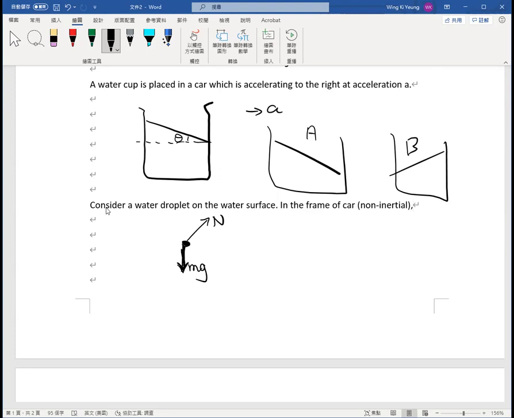So there is also a normal force acting on the water droplet by the water surface, because you can consider the water droplet is placed on the surface. And then because the car is a non-inertial frame, you should also add an inertial force acting on all objects. It is negative ma. The negative means it's opposite to the direction of the acceleration. That's the magnitude ma.